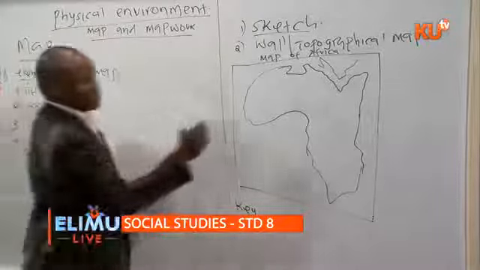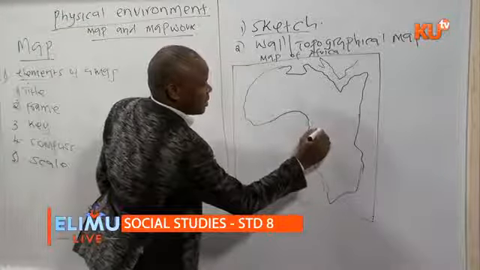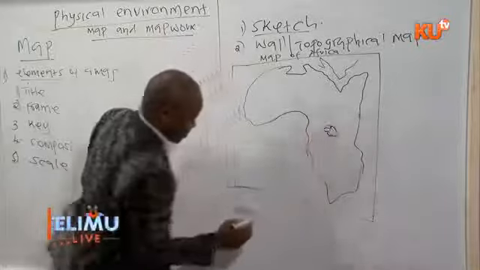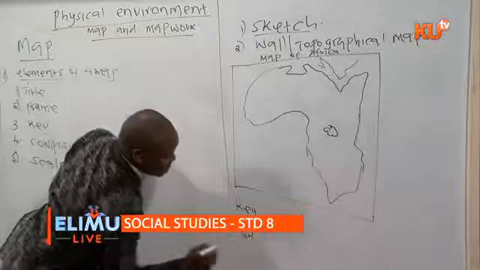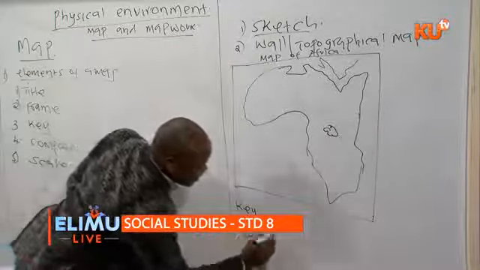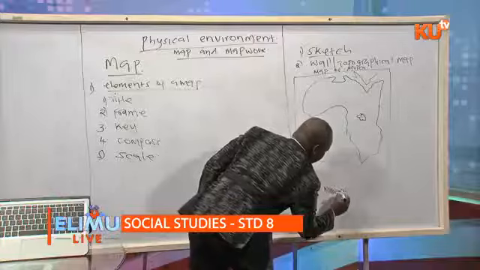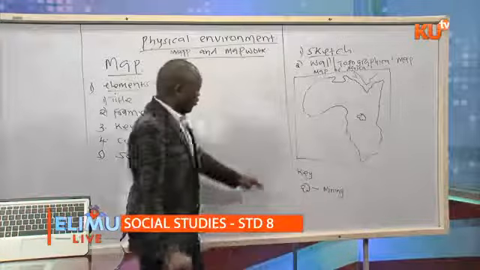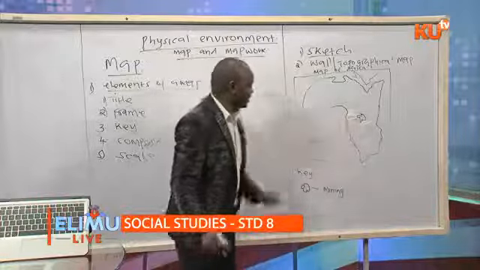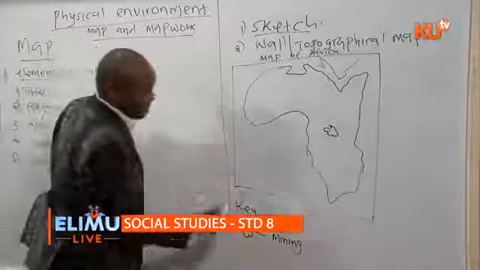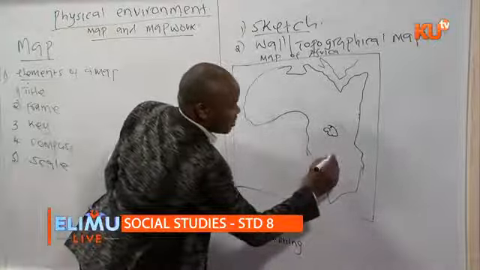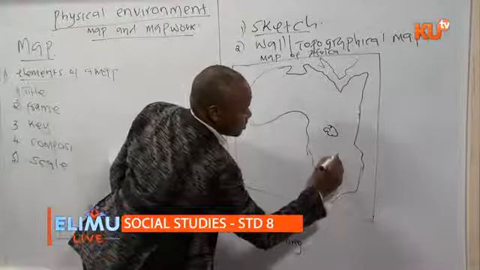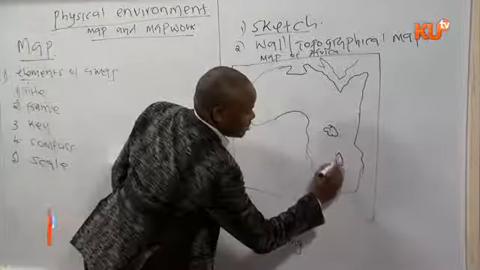The key, let us assume that we have a quarry here. I'll come here and write something of that sort. This is mining, which takes place maybe in a given place. Then within that key, we have the mosque. Within that map, we have the mosque.